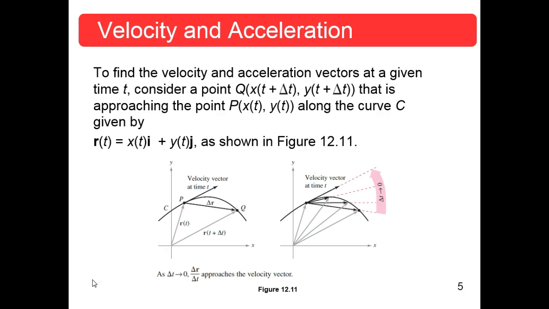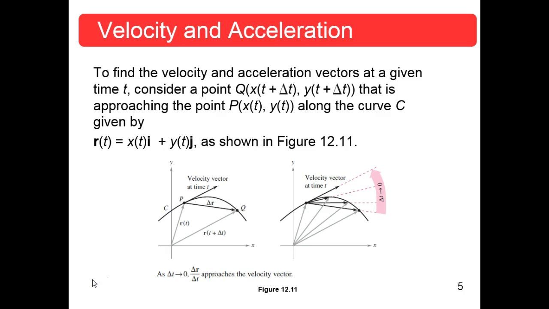So it's kind of backwards the way they're saying it, but it's fine. Here's the point Q, somewhere way off there. The delta t is pretty significant here, because here's your t for P, and here's your t plus delta t for Q. So it's quite a bit further.